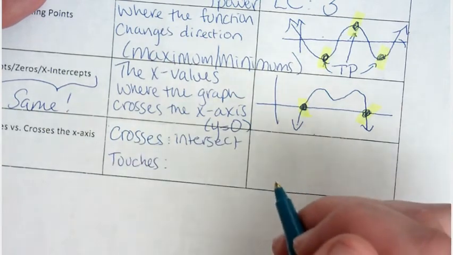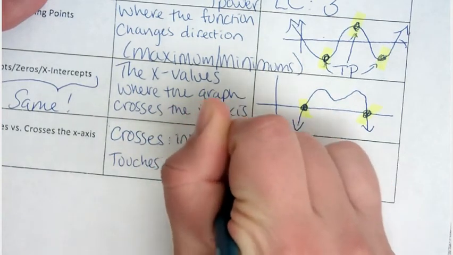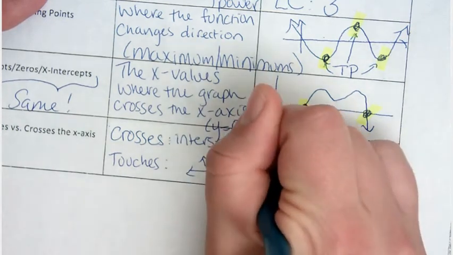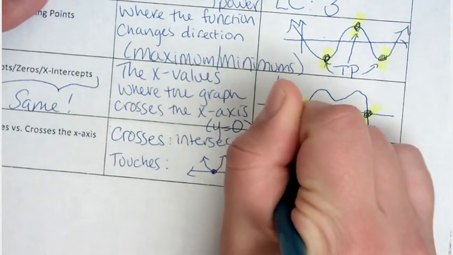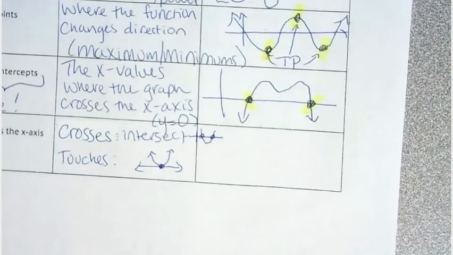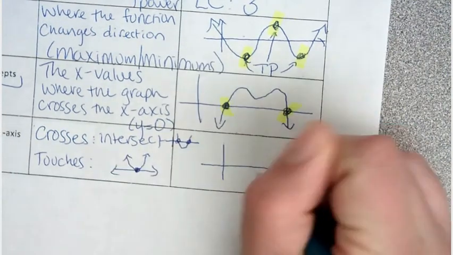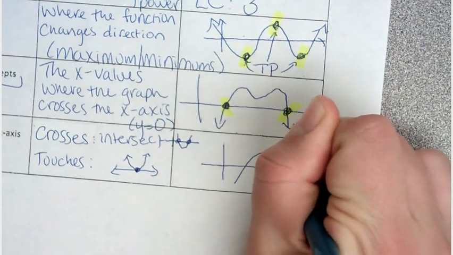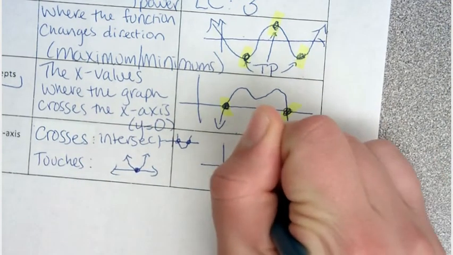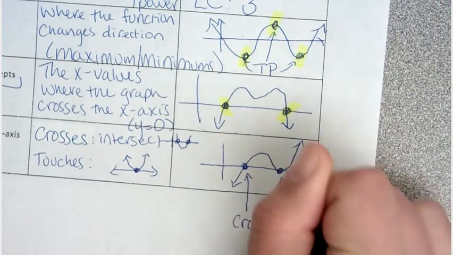I don't know a better word. It's going to be like where it goes down, touches it, and then bounces back up. Whereas intersecting is going to be like crossing something. Okay. And then we could draw an example. So right here is going to be where it crosses, and here is going to be where it touches.